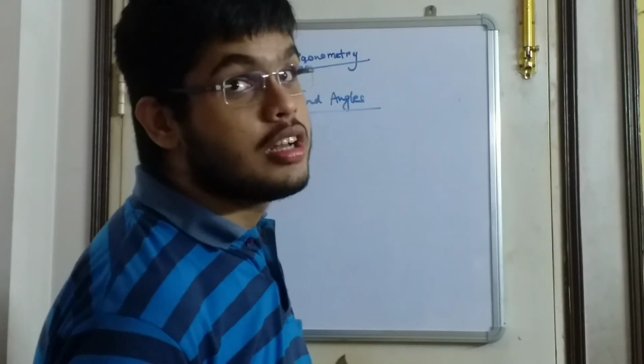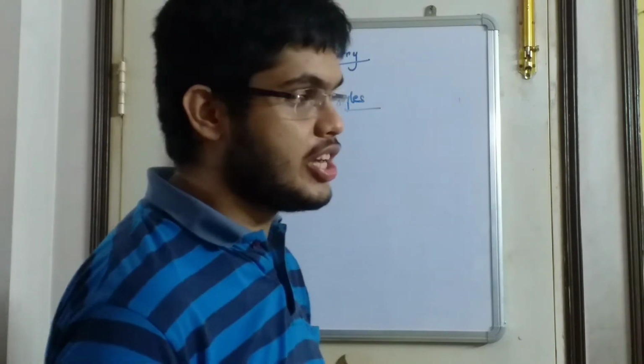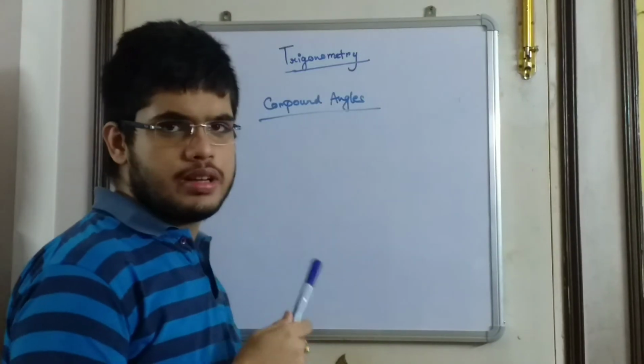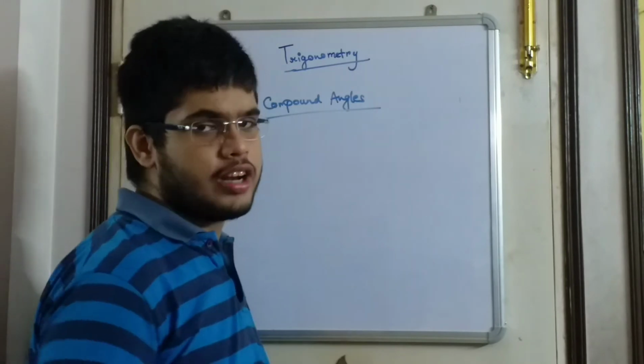See, this trigonometry chapter is very much important, not only for maths but also for all other subjects. This chapter is also very much useful in physics and for JEE, WBJEE, JEE Advanced, JEE Mains, boards. Everywhere trigonometry is important. Okay. Compound angles will have quite a few formulae.